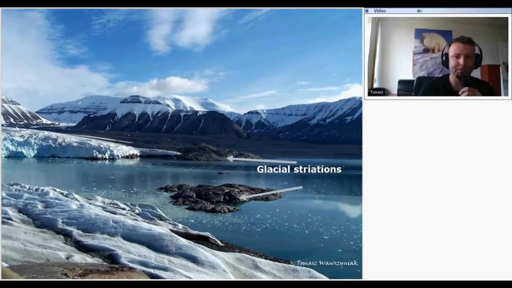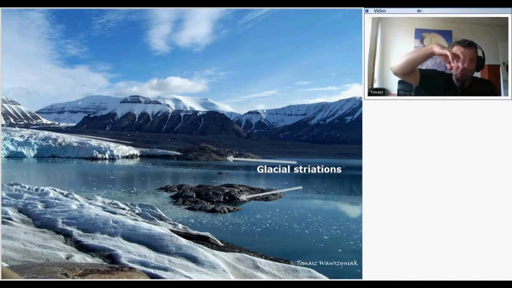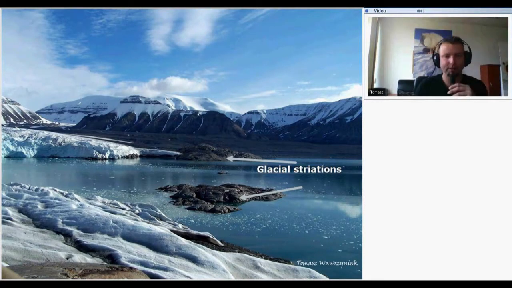Just to show you examples: striations. When the glacier was moving, it was further to the right side of the picture. It was scratching the rock that was under the glacier. Now that it has retreated, you can see those striations on top of these rocks.